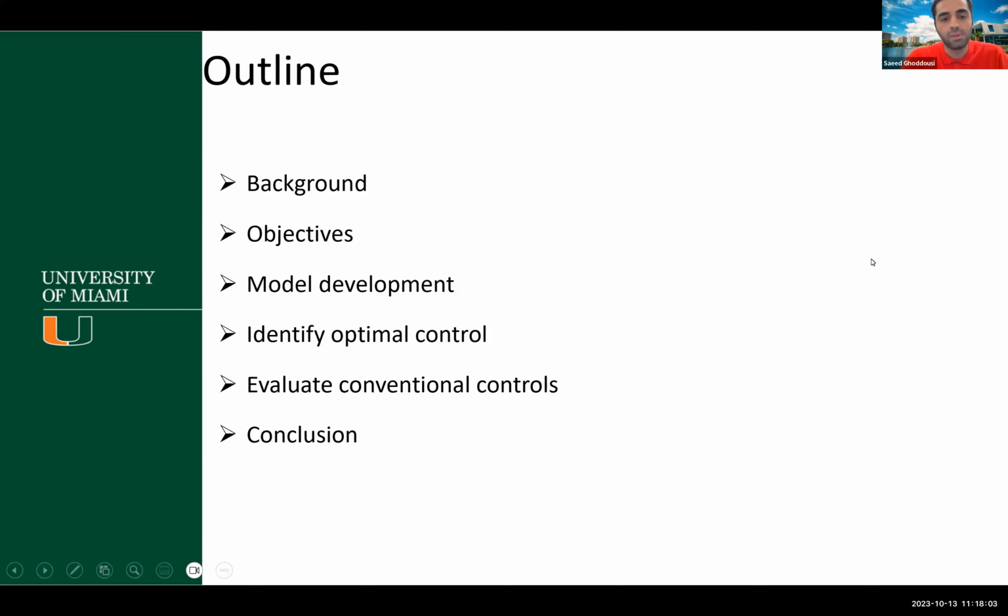Then I will go through the objectives of our work, the model development, identify the optimal control method, evaluate the conventional controls, and finally go through the conclusions.